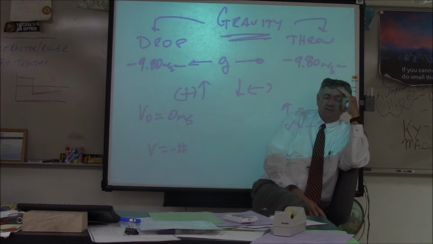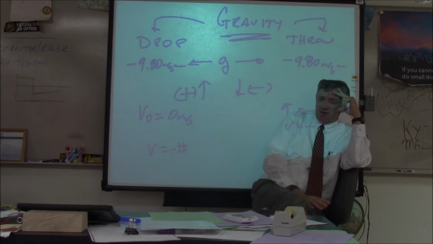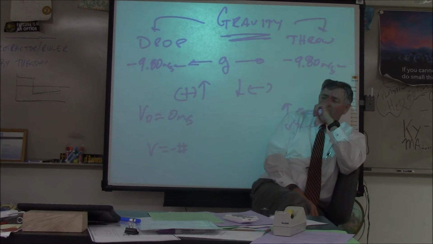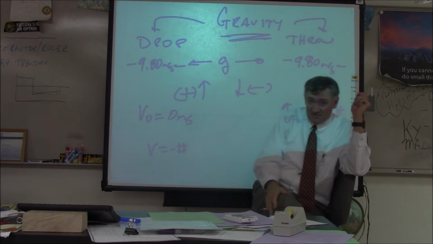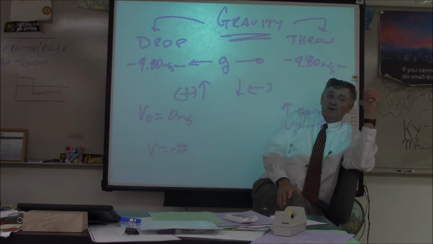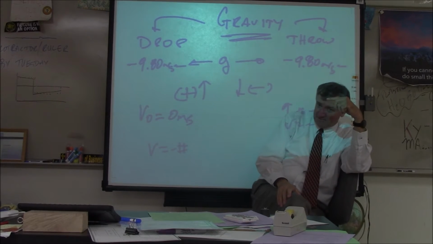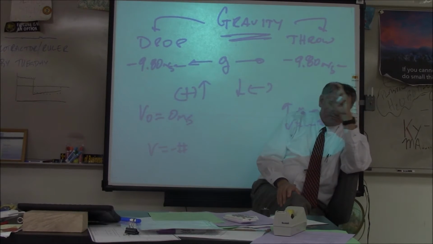That is the most scientifically incorrect thing that you could possibly say in the entire world. Love of God, no. Stop. You can say gravity causes an acceleration of negative 9.8 meters per second squared. But this is not gravity. So don't say that.